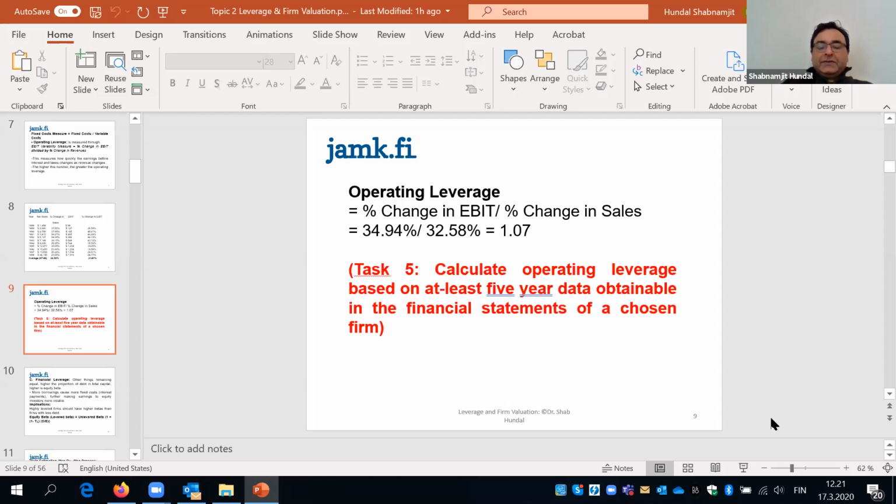So take 5 years data of operating profit or the operating income, and then take the data of the company's total revenue or net revenue, doesn't make much difference, and then find out the operating leverage and see how your profitability is sensitive to the company's revenue, basically. So that's what I expect you to do in task 5.